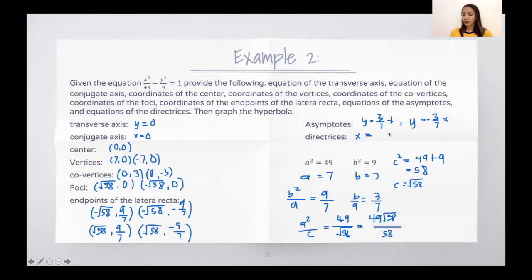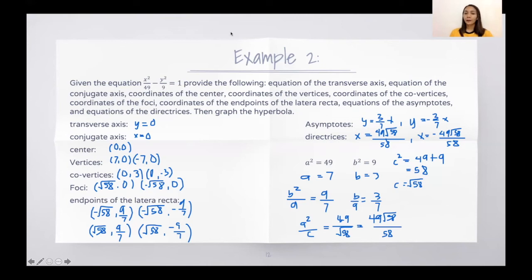So for the directrices, we have positive 49, the square root of 58 all over 58, and x is equal to negative 49, the square root of 58 all over 58.